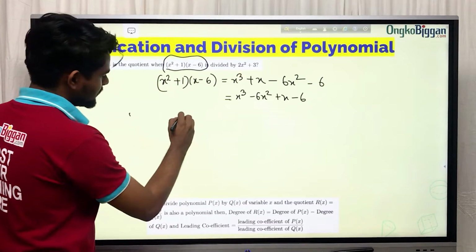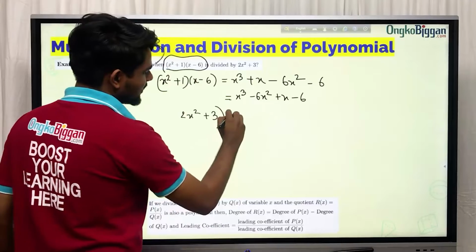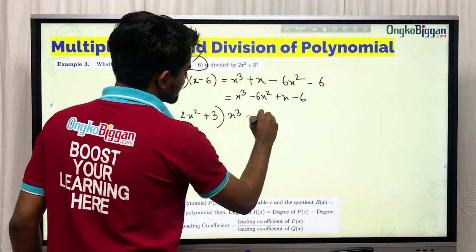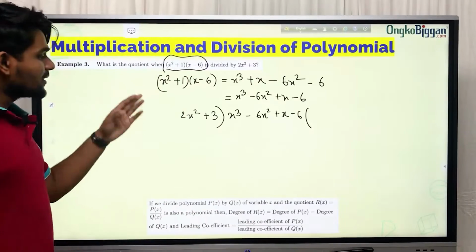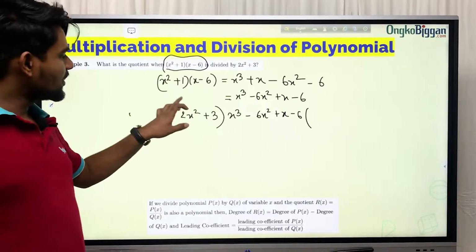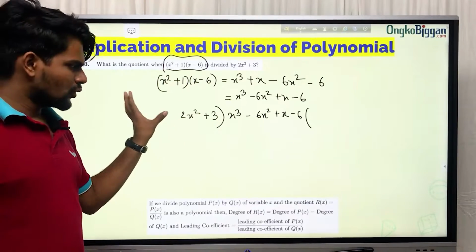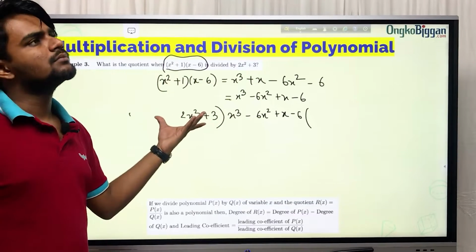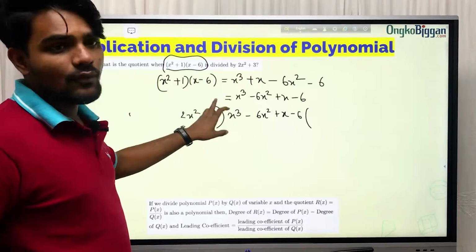So if I do that, 2x square plus 3, let me divide x cube minus 6x square plus x minus 6. See, here we have 2 into x square plus 3 in the divisor, but here we have 1.